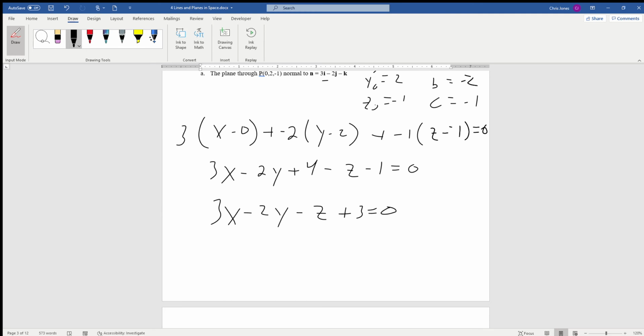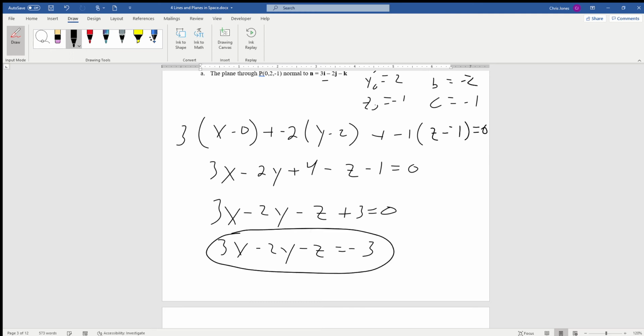Probably the most useful way to be able to define this plane, 3x minus 2y minus z equals -3. And in general, that's the most useful way, because now we can find intercepts of the plane, which could be a little bit more useful later when we look at some more problems such as distances between points and planes, etc. A second example.